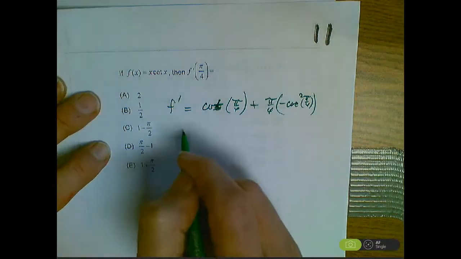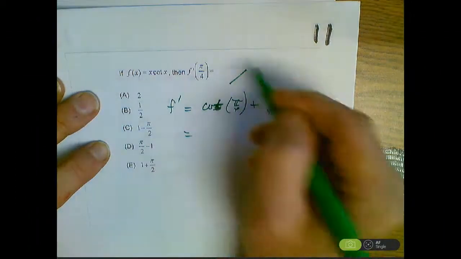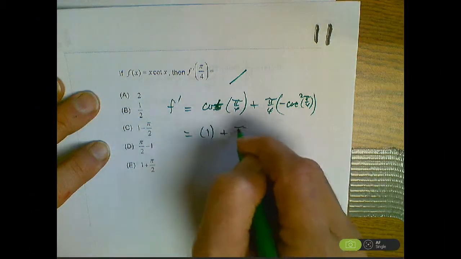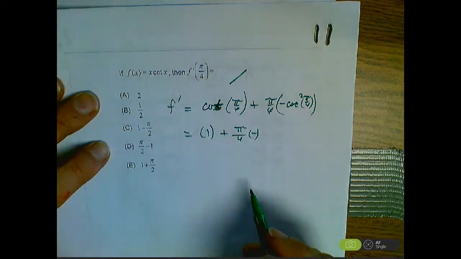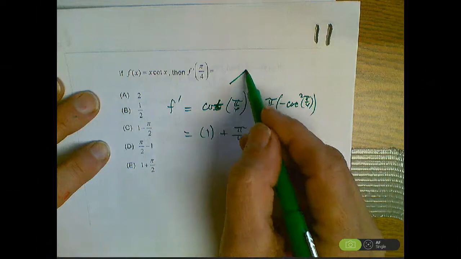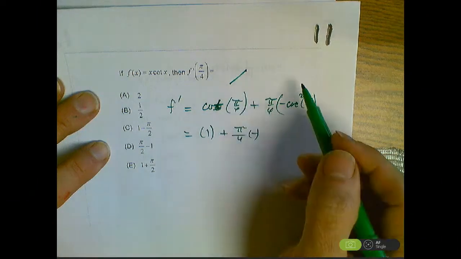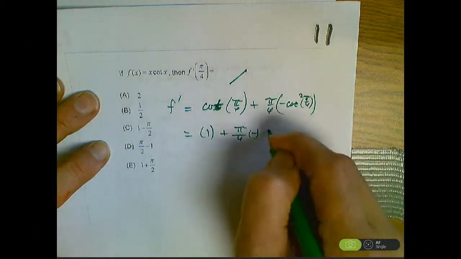Okay, let's look at this now. What's the cotangent of pi over 4? Do your unit circle. There it is, slope's 1. Plus pi over 4 times the negative. Then what is the cosecant of pi over 4? The cosecant is the inverse of the sine. The sine there is 1 over square root of 2. So the inverse is square root 2. So square root 2 squared is 2.